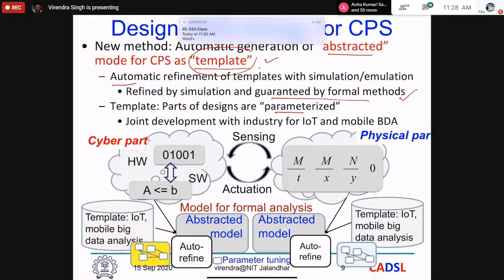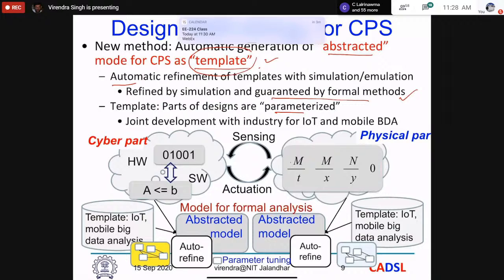On the contrary, the physical system is a physically moving system, and that can be defined with some differential equations. Sorry, on this system I don't know why the equations are not working.